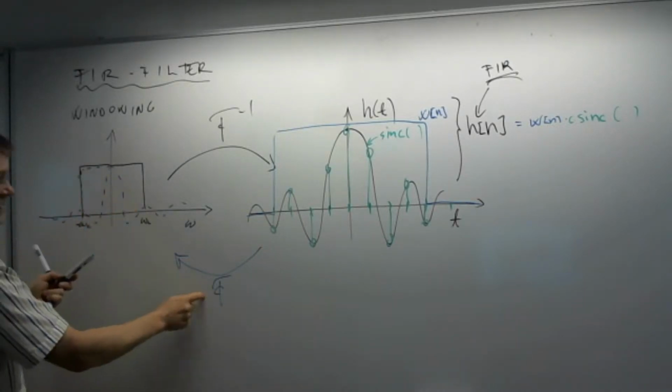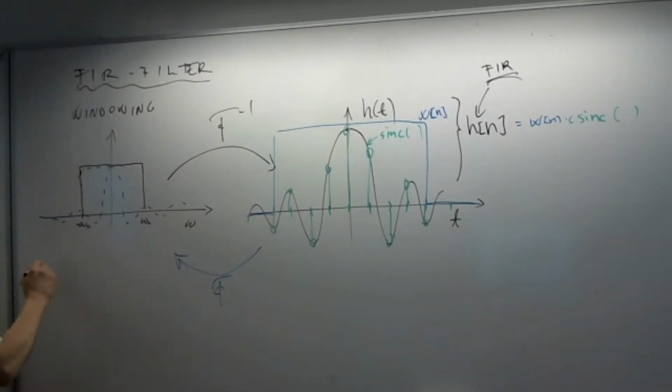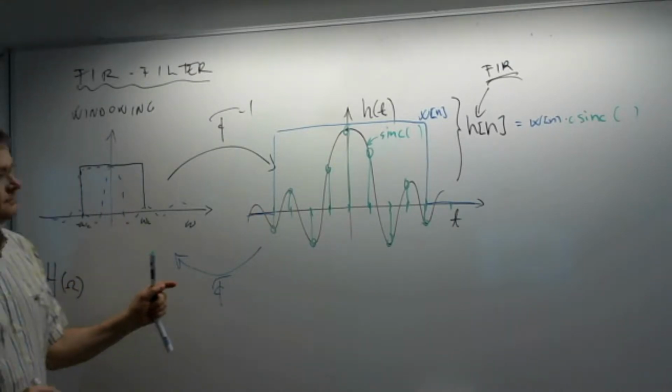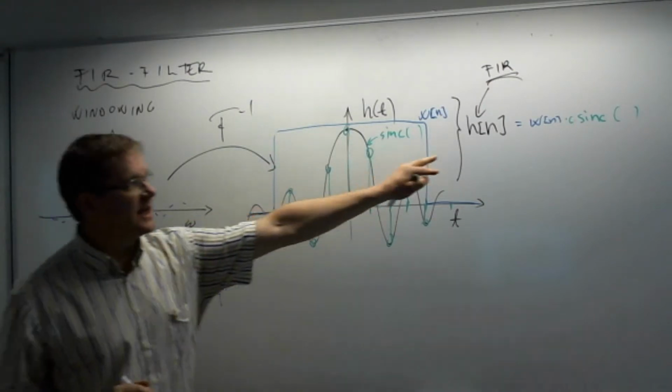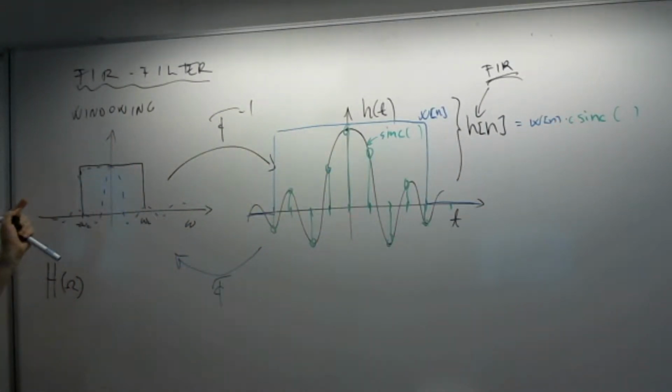The Fourier transformation has a kind of funny feature that if you have a multiplication in one end, when you do the transformation, you get a convolution on the other.